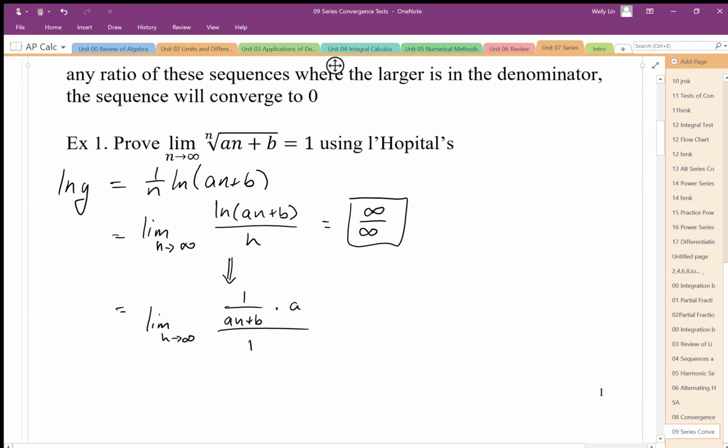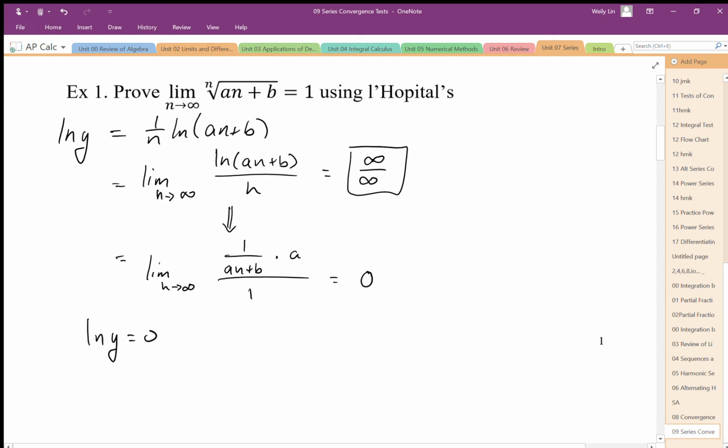We can now evaluate it. This is going to be equal to a divided by infinity, so our limit is 0. So we can establish that log y equals 0, and then we can say that y equals e to the 0, which is equal to 1.